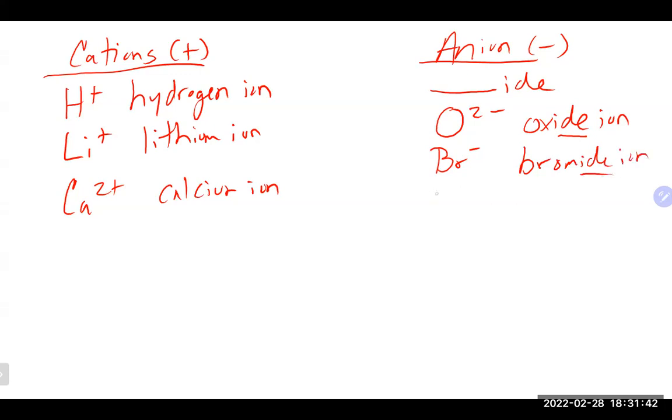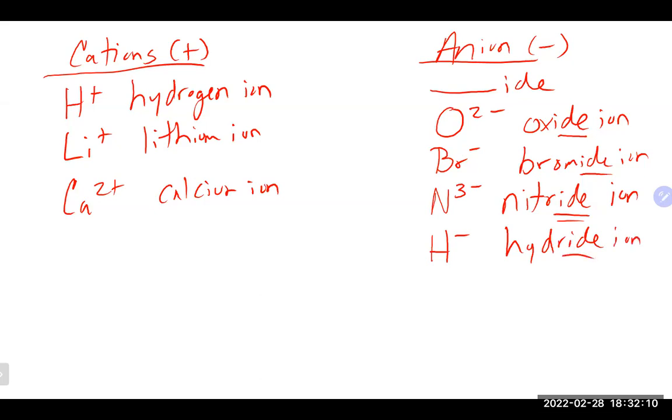If we had N3 minus, nitrogen becomes the nitride ion. And hydrogen has some of those unusual properties. It's one of the only elements that can go both ways. In certain cases, it is positive. In most cases, it can actually go negative as well. And it's named the same way. It becomes the hydride ion in this particular case.